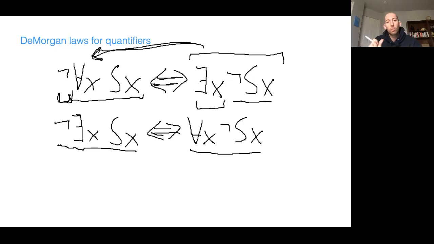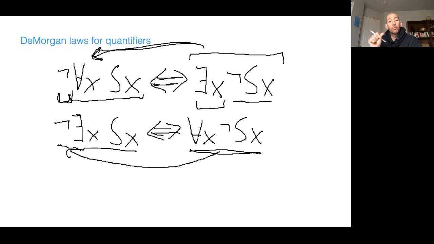And the right to left works as well. If everything is not small, then it's not the case that there is at least one thing that is small. Those are equivalent ways of saying the same thing. So in addition to paying attention to quantifiers and the way they provide information about what's being stated in the sentence, we also have to be really careful about the position of the negations.